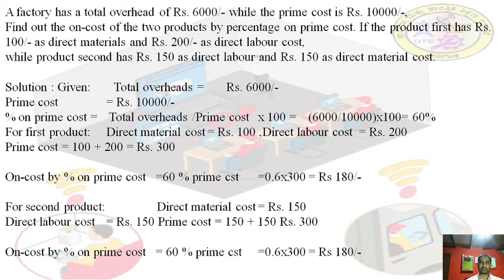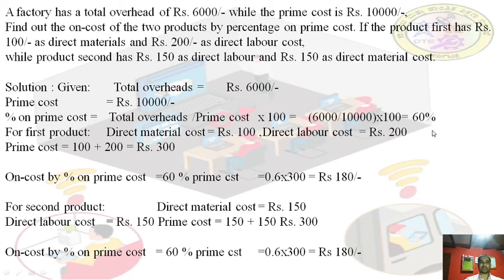The percentage on prime cost equals total overhead divided by prime cost. The total overhead given is 6,000, whereas the prime cost is 10,000 for all the components.